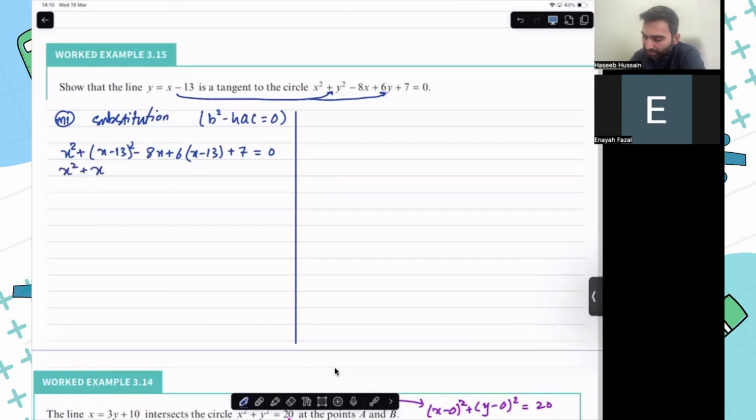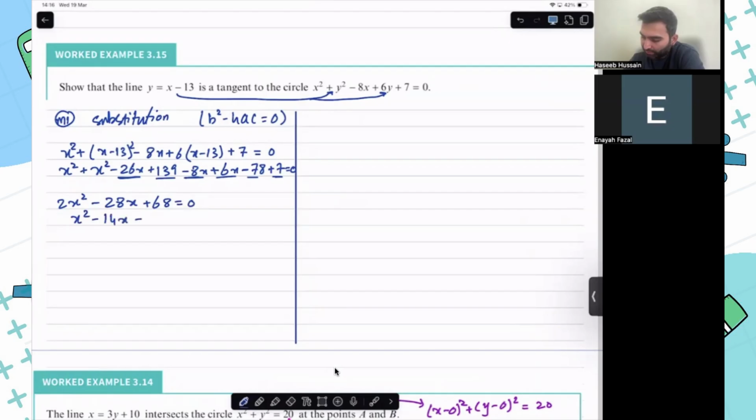So x square plus x square minus 26x plus 169 minus 8x plus 6x minus 13 times 6 is 78, plus 7 equals 0. So 2x square, minus 26 minus 8 is minus 34, plus 6 is minus 28x.